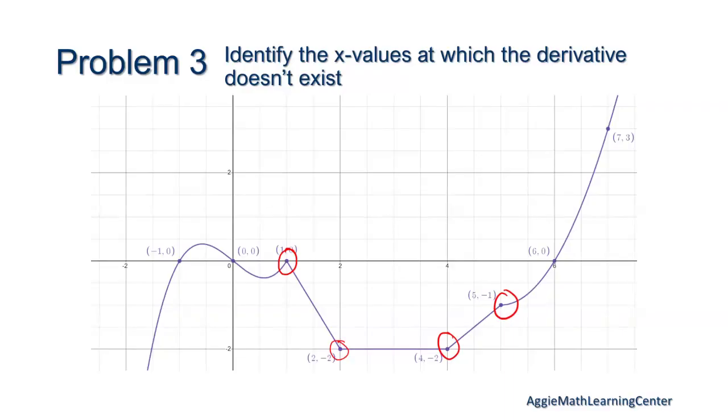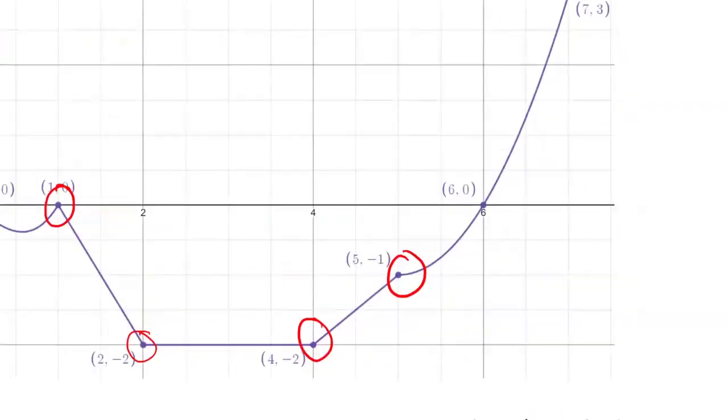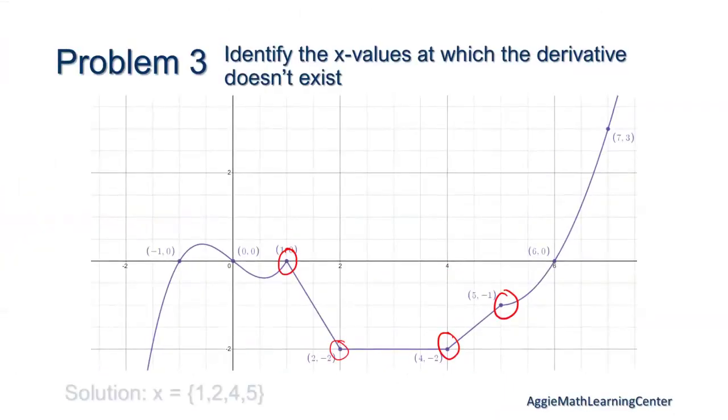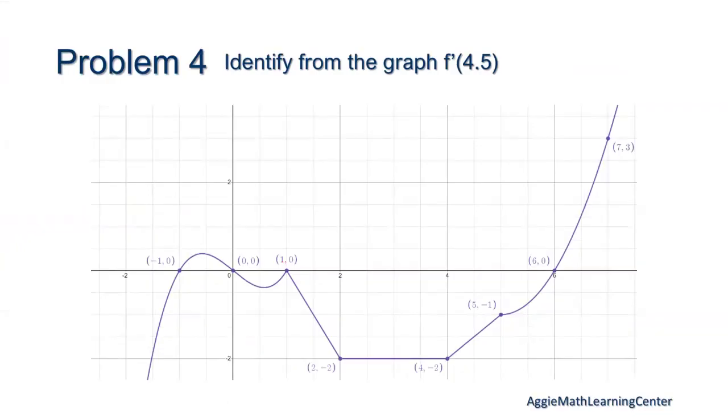Okay. Tap on the I am picture. Tapping. I'm tapping quite a lot. There we go. Okay. Identify from the graph f prime of 4.5. So right here is 4.5. These problems are going to have a sort of pattern to them: the point you're looking for is going to be along a straight edge like this.